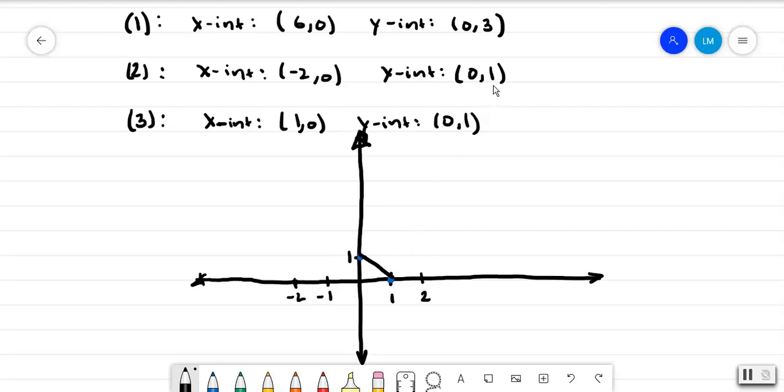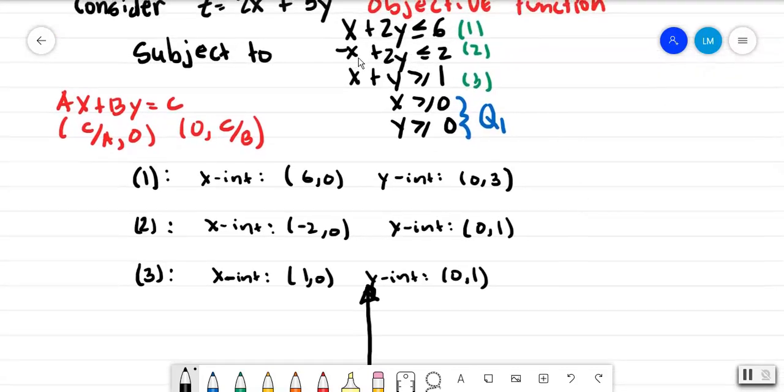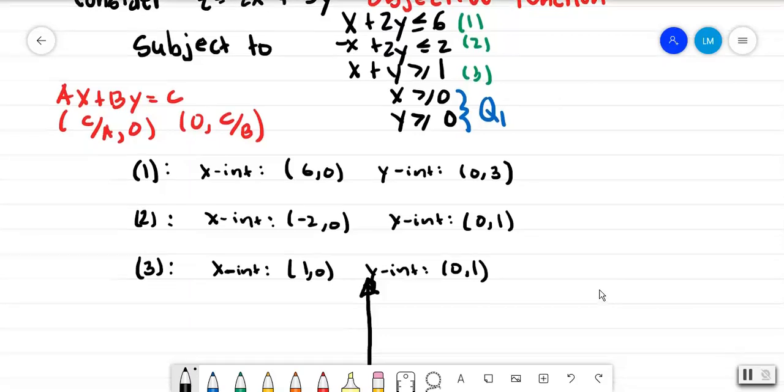The equation that corresponded to the second inequality was negative x plus 2y is less than or equal to 2. So what that means is that if I plug in 2, I should also get 2.